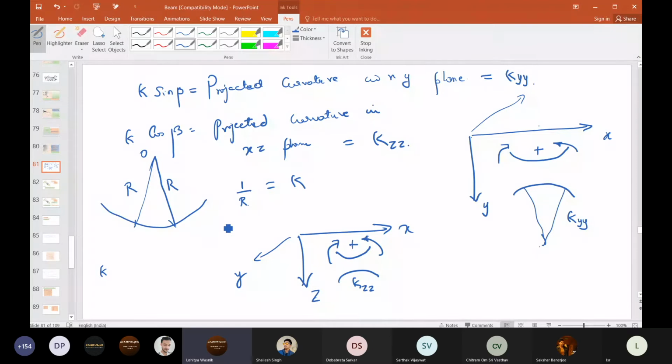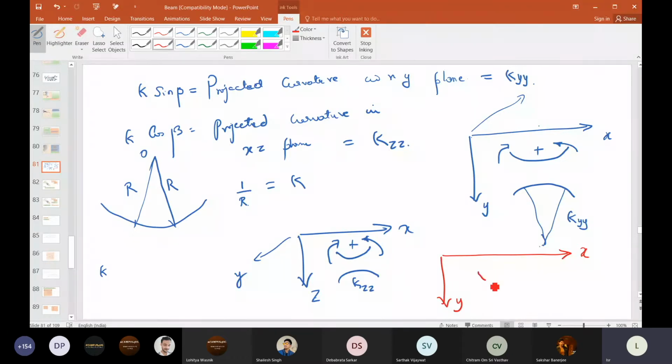Now actually, in an unsymmetrical bending, in the usual problem what will happen, the loading is in the xy plane. In symmetrical bending, you will have x, you will have y, so the loading is in the xy plane.